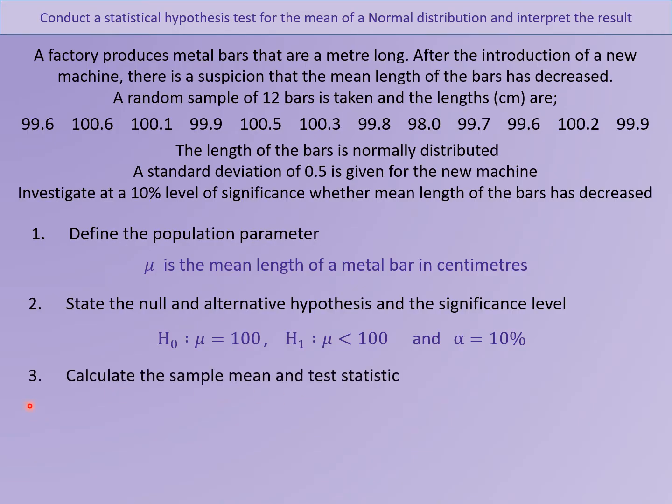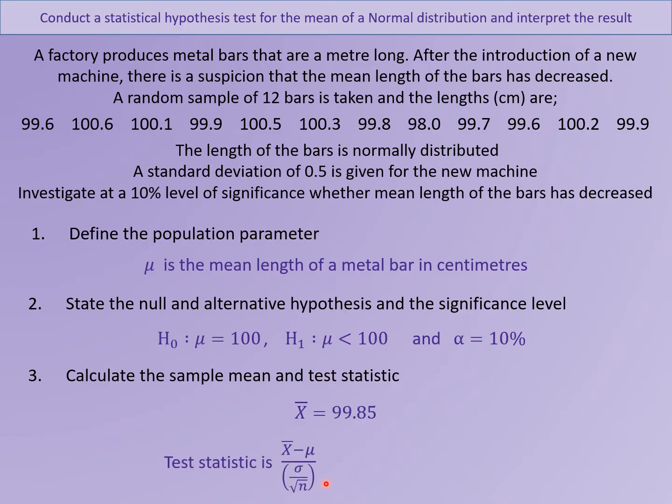Okay, so once we've done that, calculate the sample mean and the test statistic. So this is a normal distribution. You're given how to calculate the sample mean and the test statistic in your formula book. So we've got our mean of 99.85. Once I've calculated that, hopefully you do that yourselves, add them all together, divide by 12, gets us a mean of 99.85.